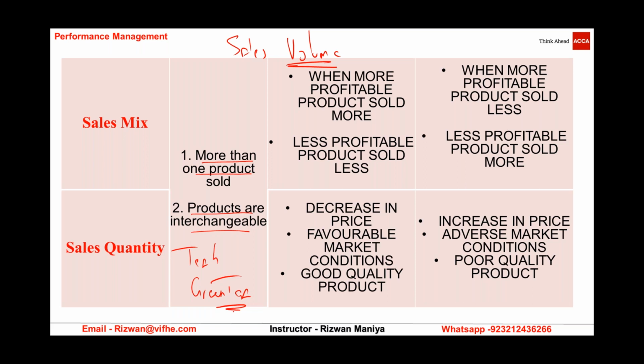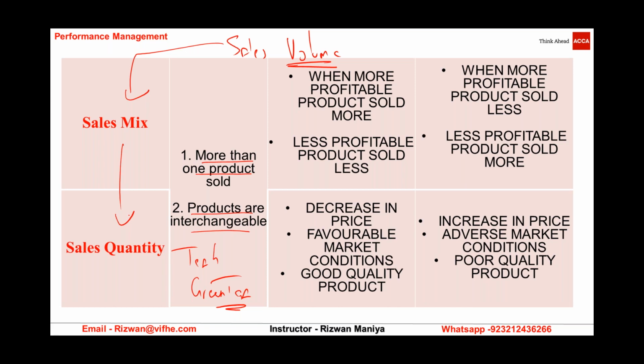So if more than one product is sold and those are interchangeable, then volume variance is broken down into mix and quantity variance. So friends, let's not waste time and move towards sales mix and quantity and have a look at how we can see it.